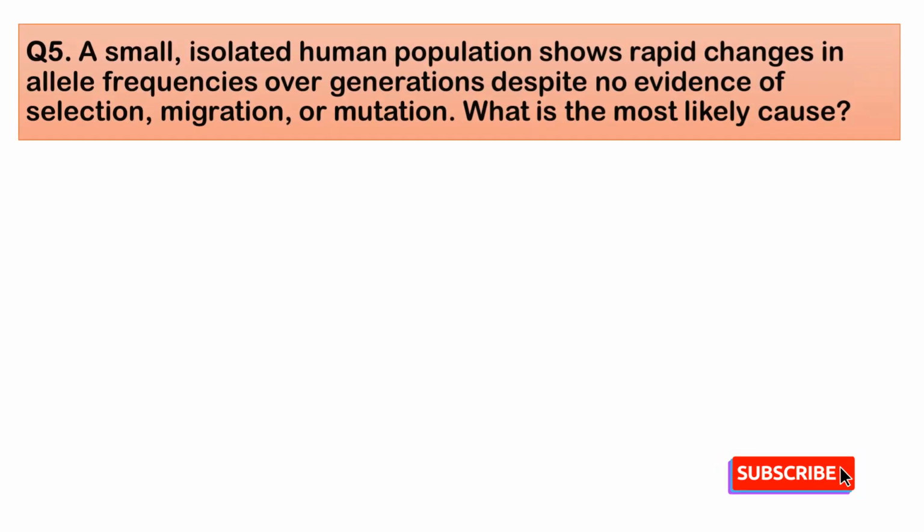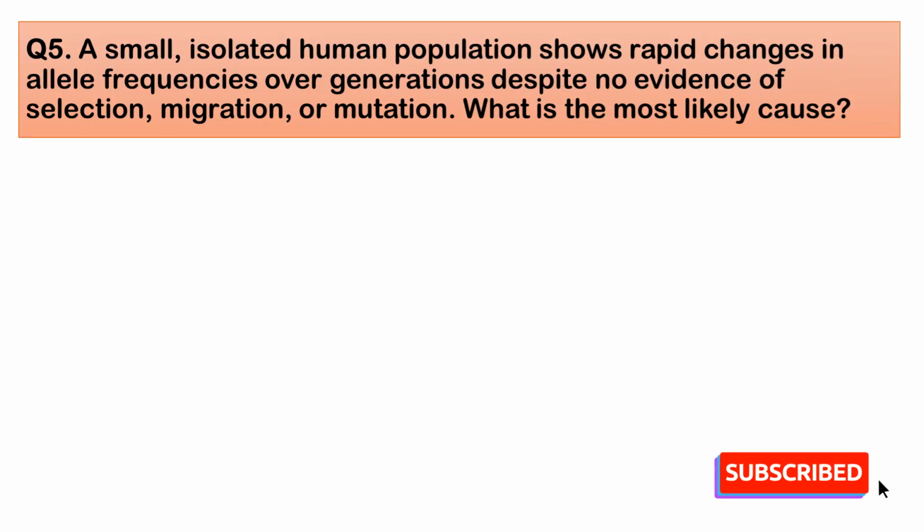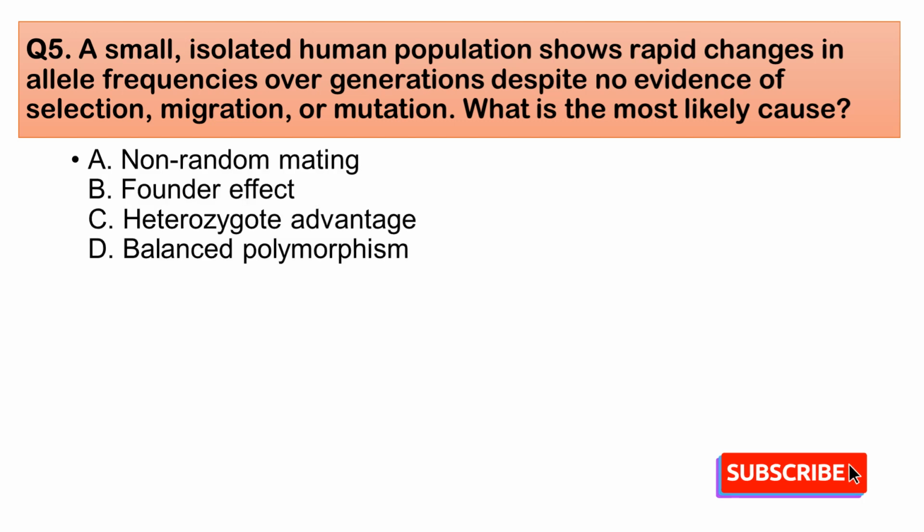Q5. A small, isolated human population shows rapid changes in allele frequencies over generations despite no evidence of selection, migration, or mutation. What is the most likely cause? A. Non-random mating. B. Founder effect. C. Heterozygote advantage.